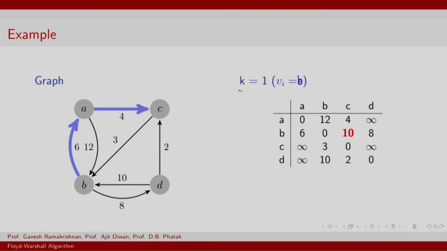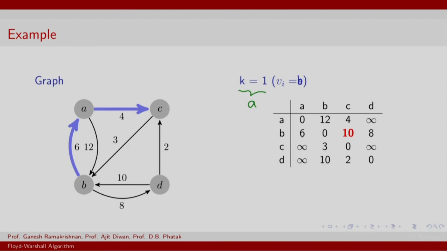So we start with k equals 1, and to remind you, k equals 1 corresponds to the node or vertex a, and we will start with vi equals b. We are certainly not interested in the row corresponding to a, because we are looking at paths going through a. So we look at b.